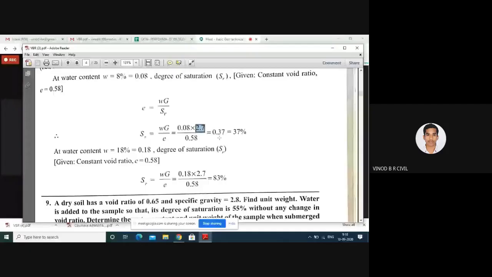We have to calculate the degree of saturation for 8% and 18%. Void ratio remains constant 0.58, and specific gravity 2.7 is constant. Only the water content varies from 8% to 18%. So degree of saturation is 37% and 83%.